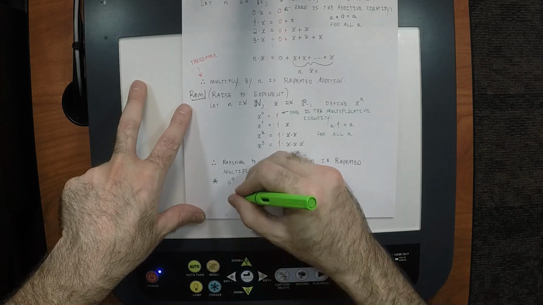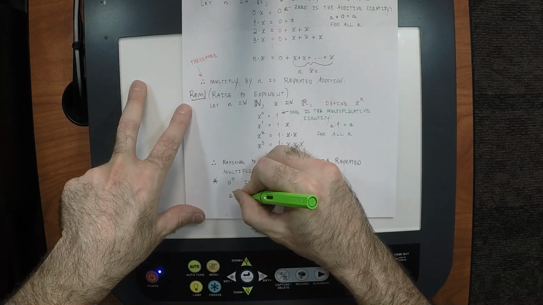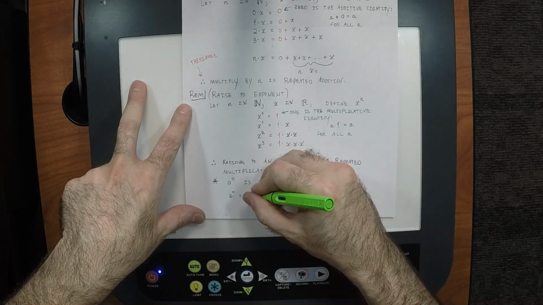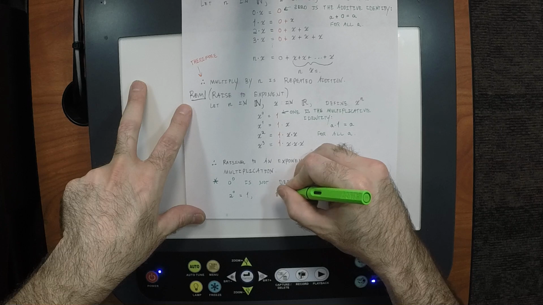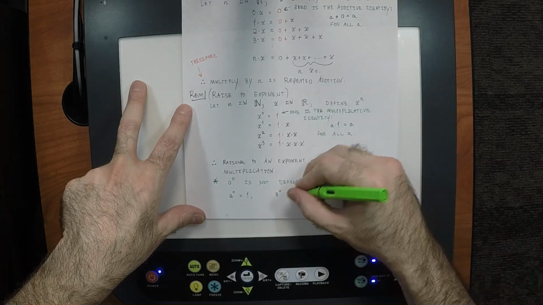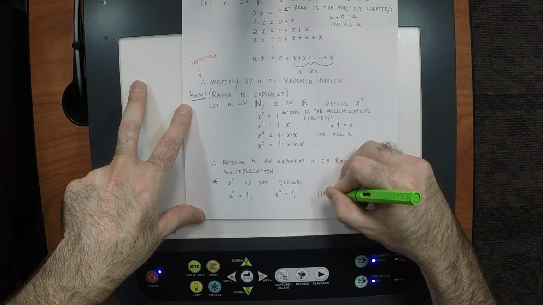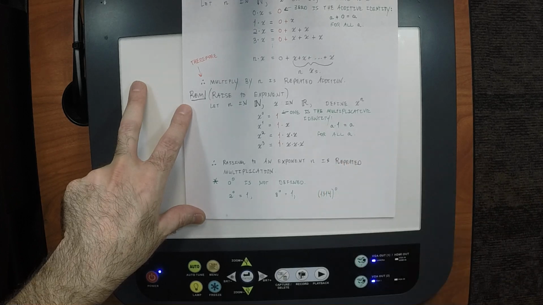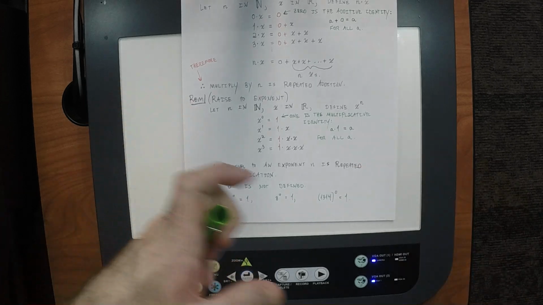However, I could say something like, well, what about 2 to exponent 0? What's that? 1. What about 8 to exponent 0? 1. What about a really big number like 1314 to exponent 0? 1. Okay. Any question about this?